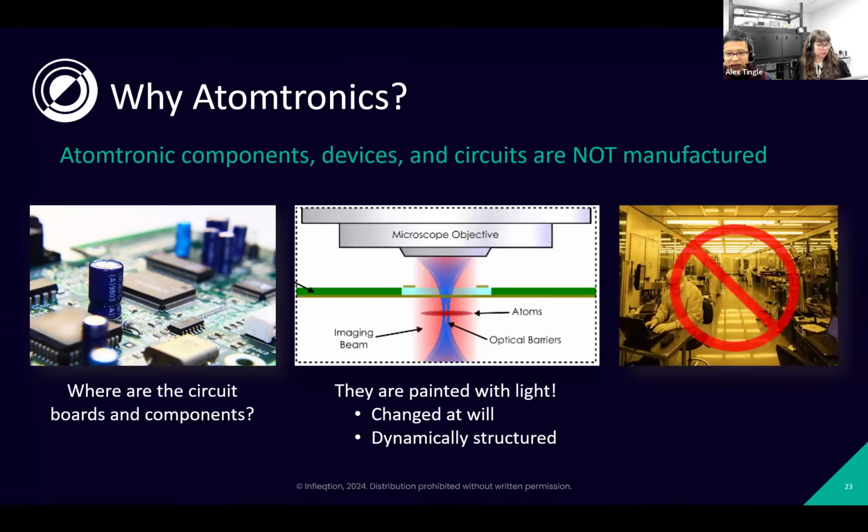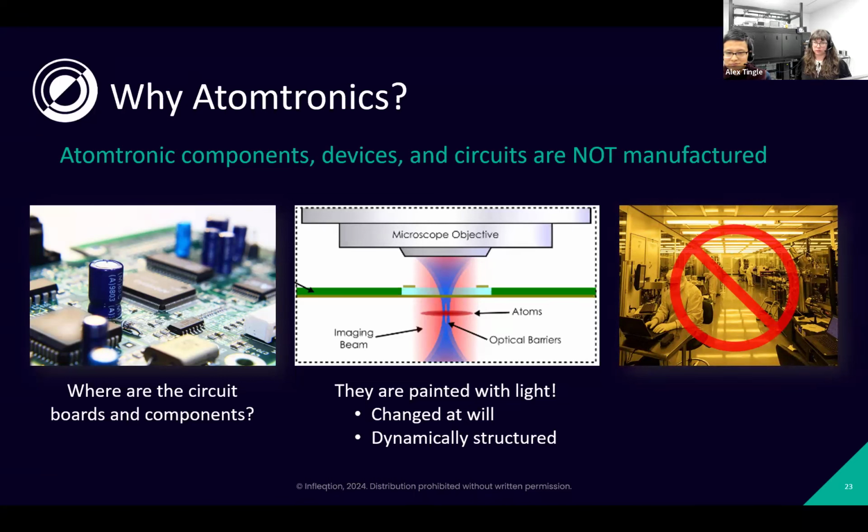Additionally, unlike classical circuits that require manufacturing in a real fab, atomtronic systems can be easily tuned and reconfigured as you wish in real time, and that provides great flexibility. This precision, control, and adaptability make atomtronics a promising technology for advancing beyond the limits of classical electronics.